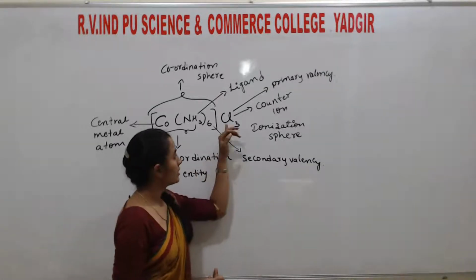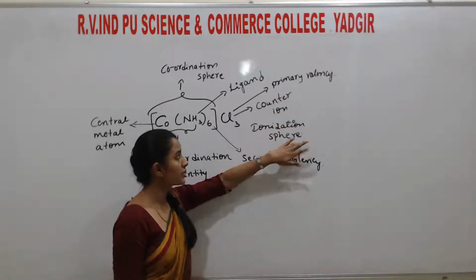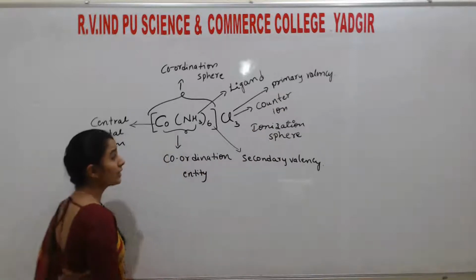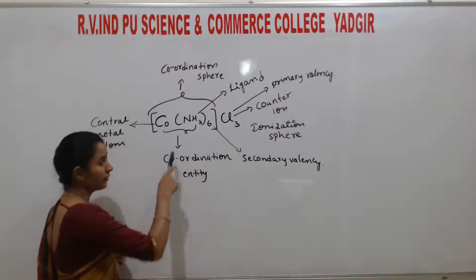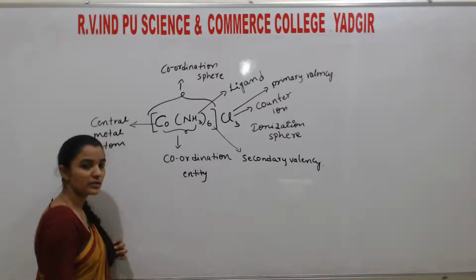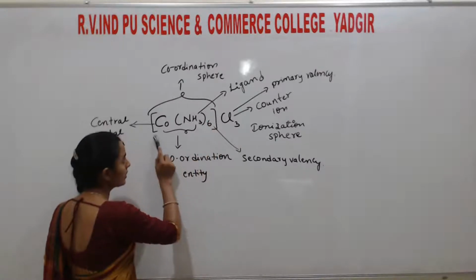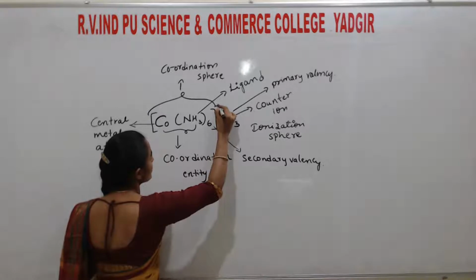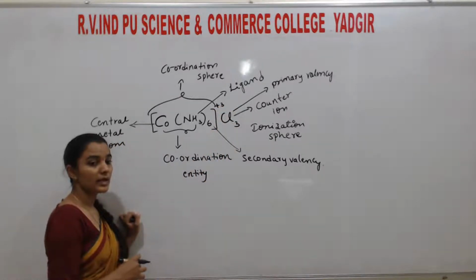So next, this Cl3 is called as counter ion, ionization sphere, and it is also primary valency. Why is it called ionization sphere? If it is a solid dissolved in a suitable solvent, then this entire complex dissociates as +3, and this one dissociates as 3Cl minus.